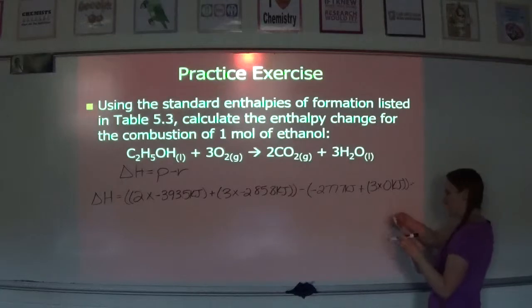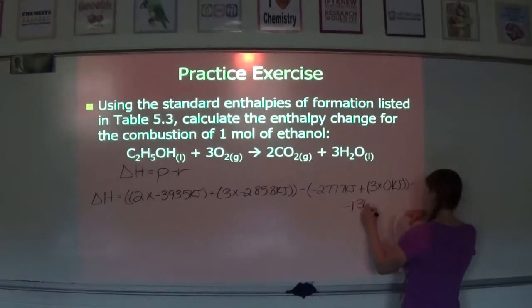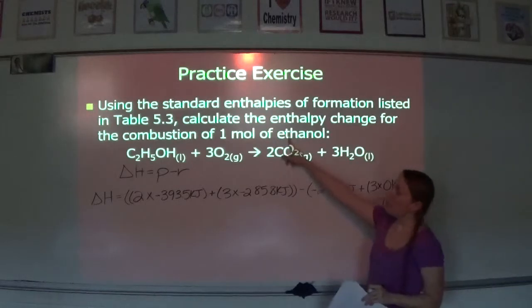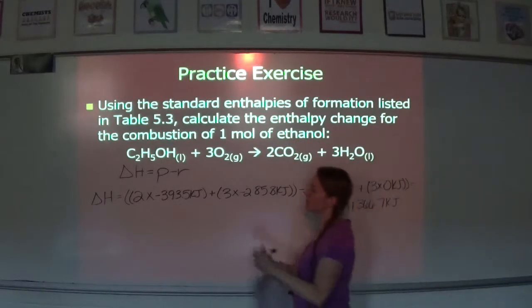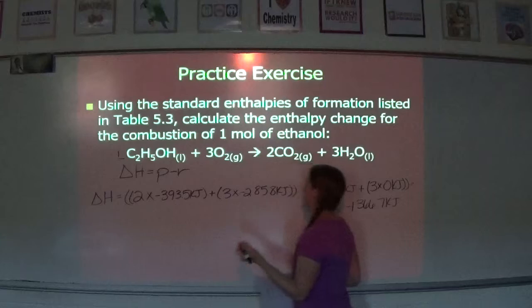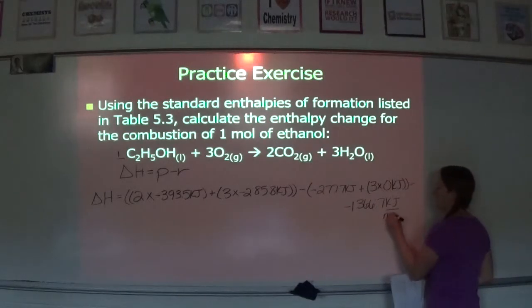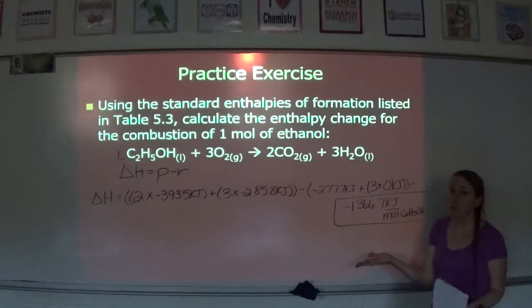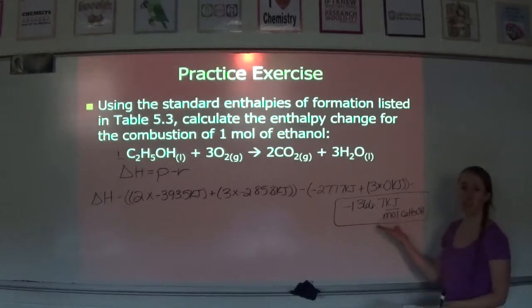And so when I solved, I got negative 1,366.7 kilojoules. Now they did ask for 1 mole of ethanol. Well, is it 1 mole this time? Yes. So we can just say per mole of C2H5OH. So since they asked per mole and we were solving for a 1 mole reaction anyway, then that's our answer.